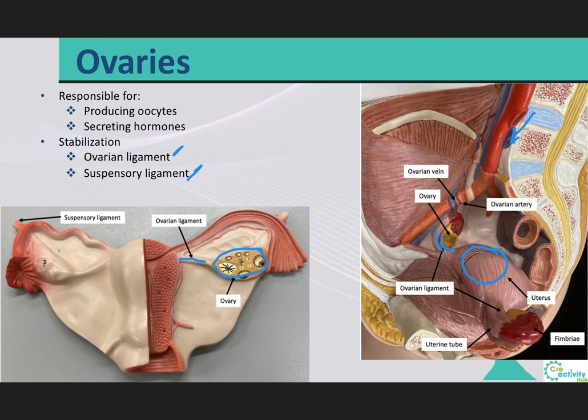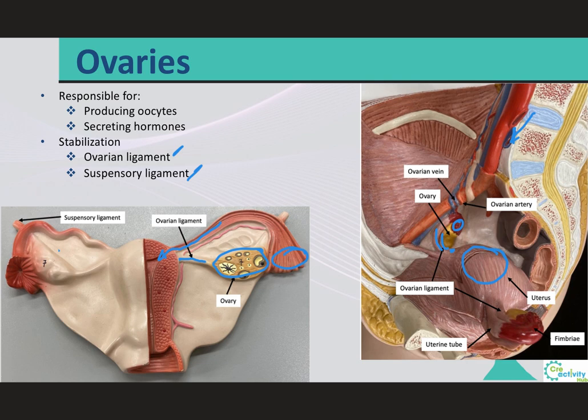The one that ends inside the uterus is the uterine tube. Also notice how the beginning of the uterine tube has these red projections that are called the fimbriae. Therefore, this will make it easier to differentiate the uterine tube from the ovarian ligament, even when they are really close to each other, because the uterine tube will always be associated with the fimbriae.